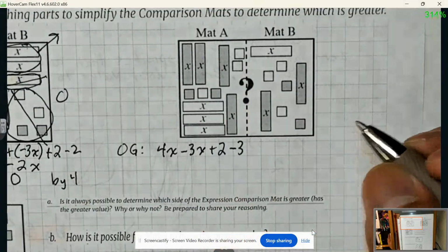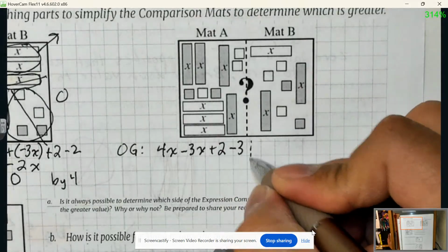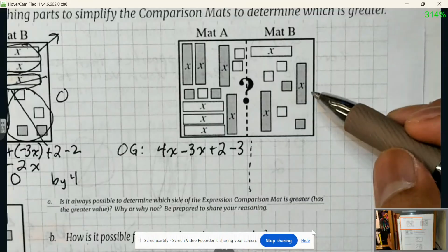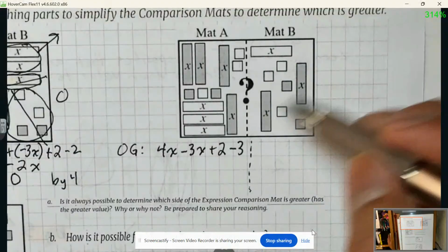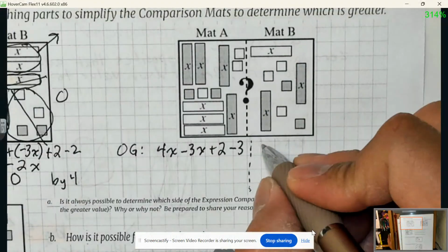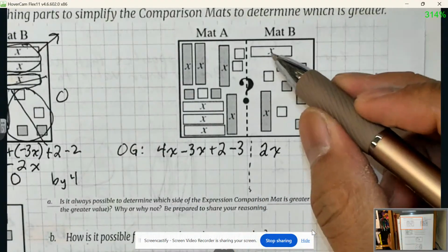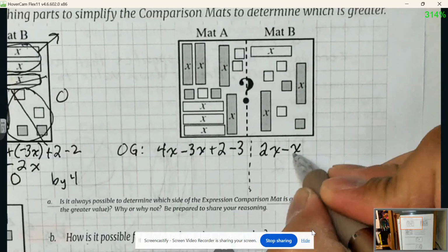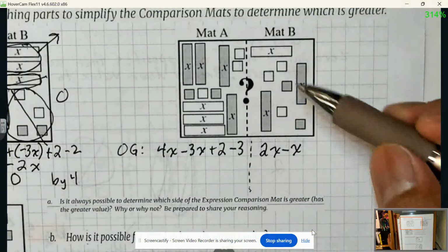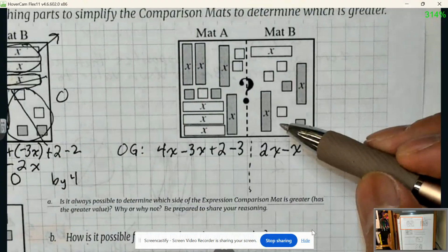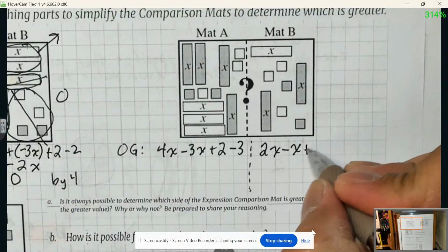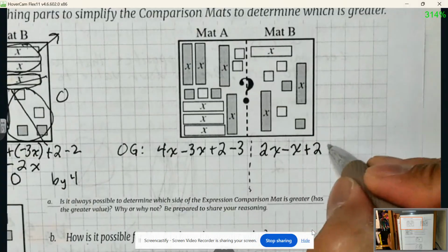That gives us negative 3. Going over to mat B, we look at our x's. We have two matching positive x's, 1 negative x, and 2 positive 1's, 3 negative 1's. So that gives us plus 2 minus 3.